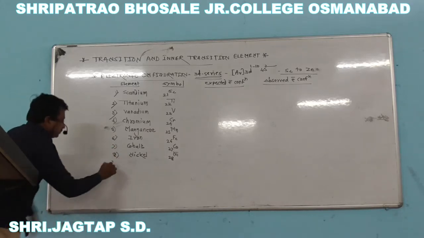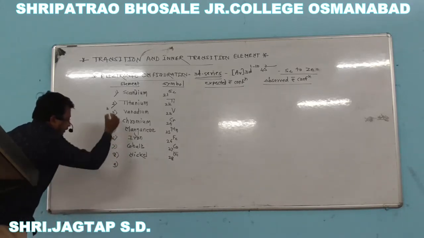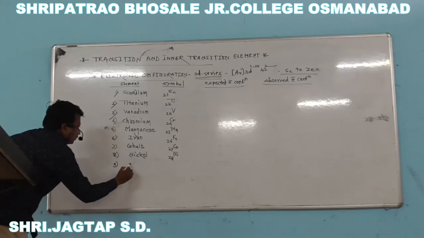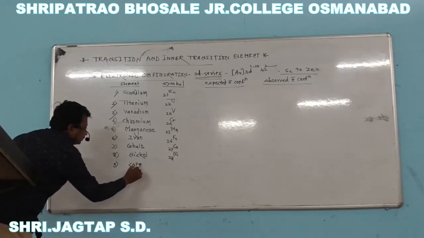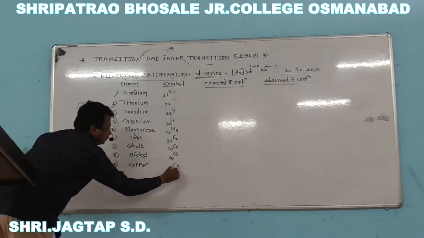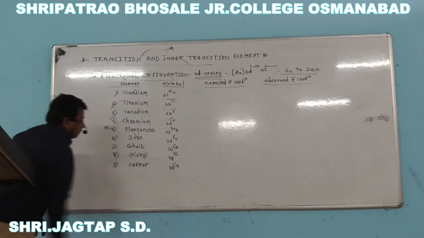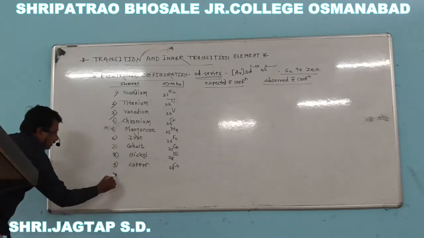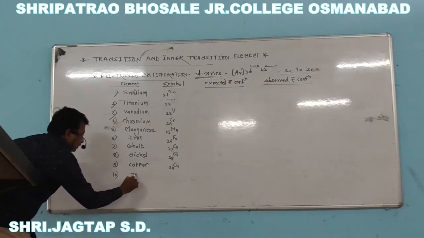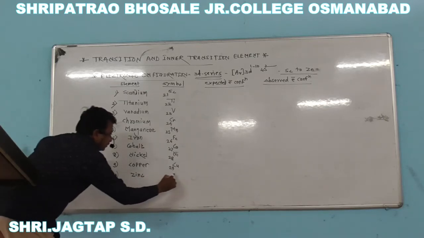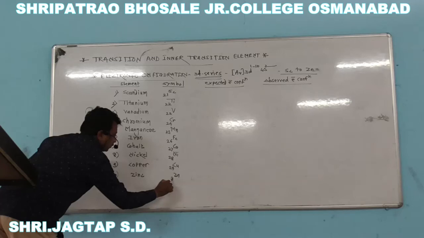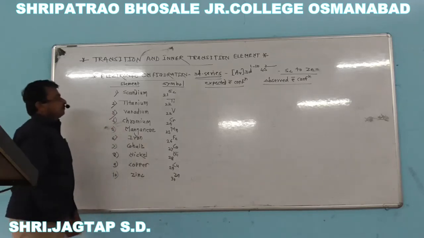Then the ninth element in the 3d series, copper, symbol Cu, atomic number 29. Then the last element in the 3d series is zinc, symbol Zn, atomic number 30.